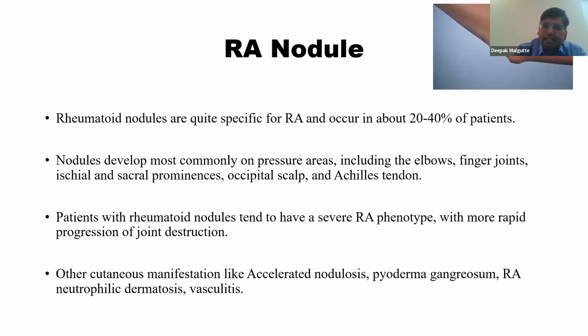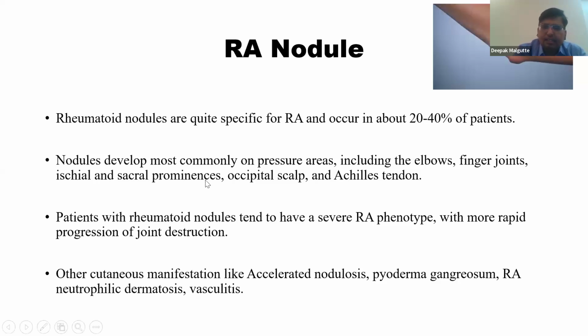Other than lung ILD, the patient can present with rheumatoid nodules, which are subcutaneous, non-tender, painless nodules, seen mainly in the bony prominences, such as elbow, finger joints, ischial and sacral prominences, occipital scalp. I have seen hardly one or two patients with it in the tendo Achilles region. This is reported in around 20 to 40% of patients, and the presence of this subcutaneous nodule alerts us that these patients usually have a high disease activity and high risk of having joint damage and joint deformities, and having extra-articular manifestation.